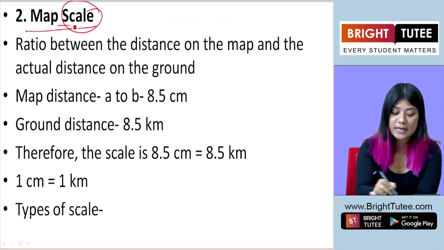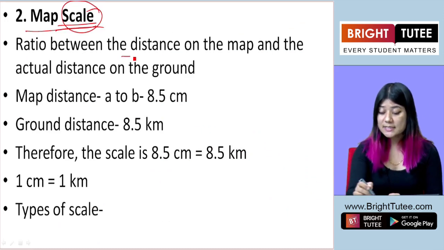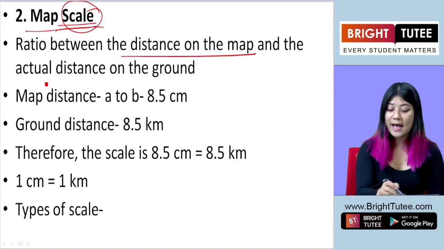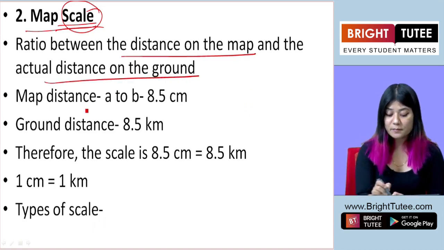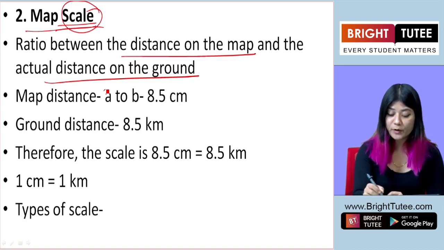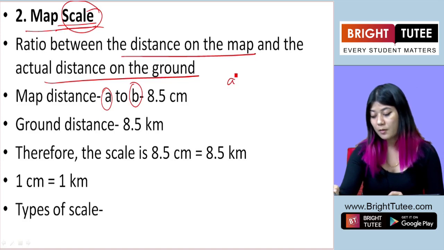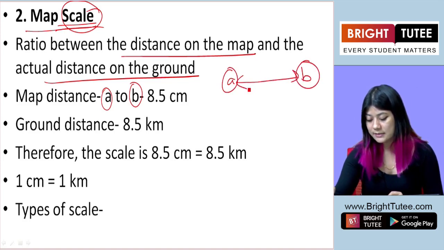Now what is the scale of the map? Scale is basically the ratio between the distance on the map and the actual distance on the ground. Say for example, the distance on the map from point A to point B is 8.5 centimeter.